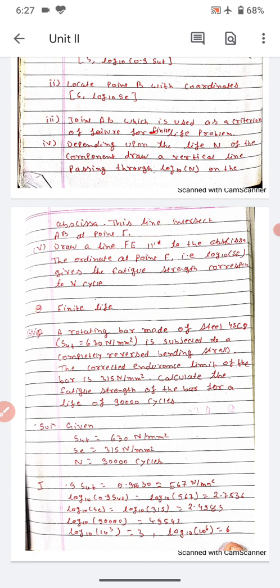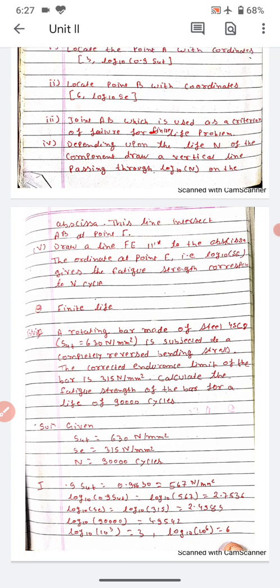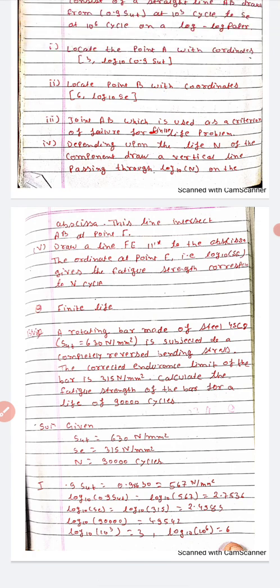As we already discussed, as you stop reading the question, the first thing you should write on your answer sheet is the given.